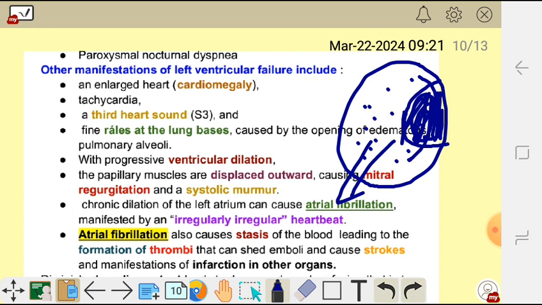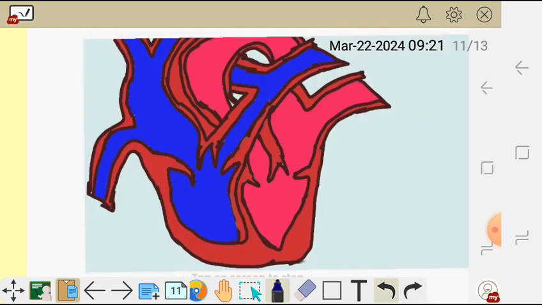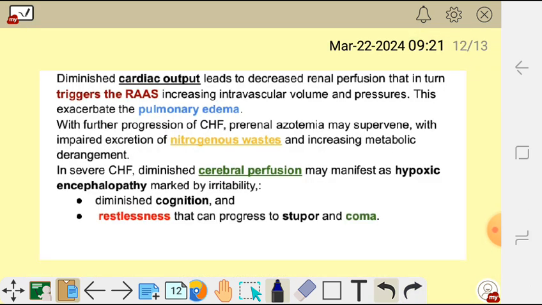and the other parts of the body. Okay, so apart from that, we also have diminished cardiac output. So if we have heart failure, the cardiac output will be less, and that will decrease renal perfusion. If the renal perfusion is decreased, we know that the RAS system will be activated. The renin-angiotensin-aldosterone system will be activated, and renin is released by the juxtaglomerular cells.